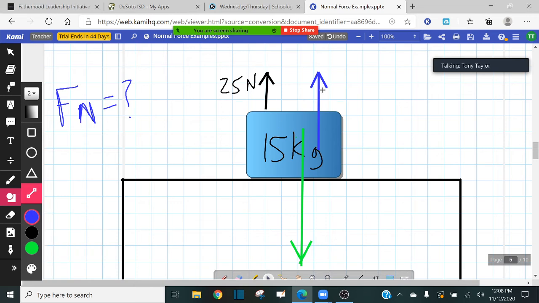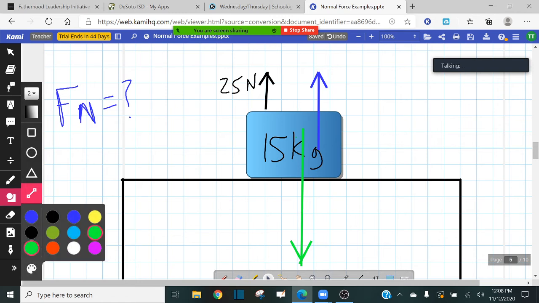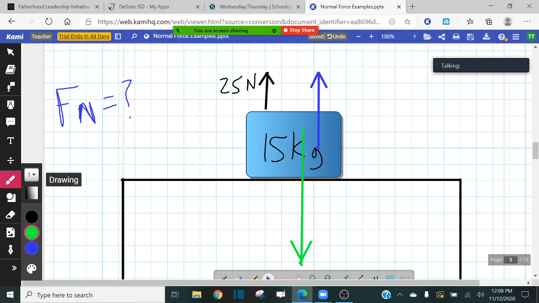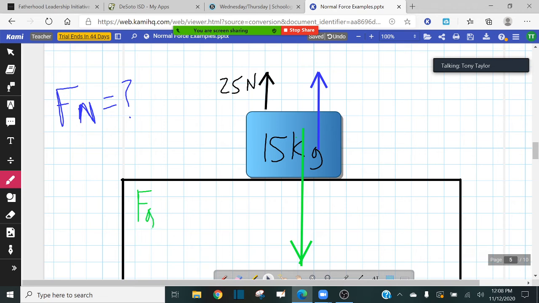In order to figure out the magnitude of this normal force, let us figure out what gravity is first. The equation for the force of gravity is mass times 10, because I rounded 9.8 out to 10. This mass here is 15 kilograms. 15 times 10 is 150 newtons.